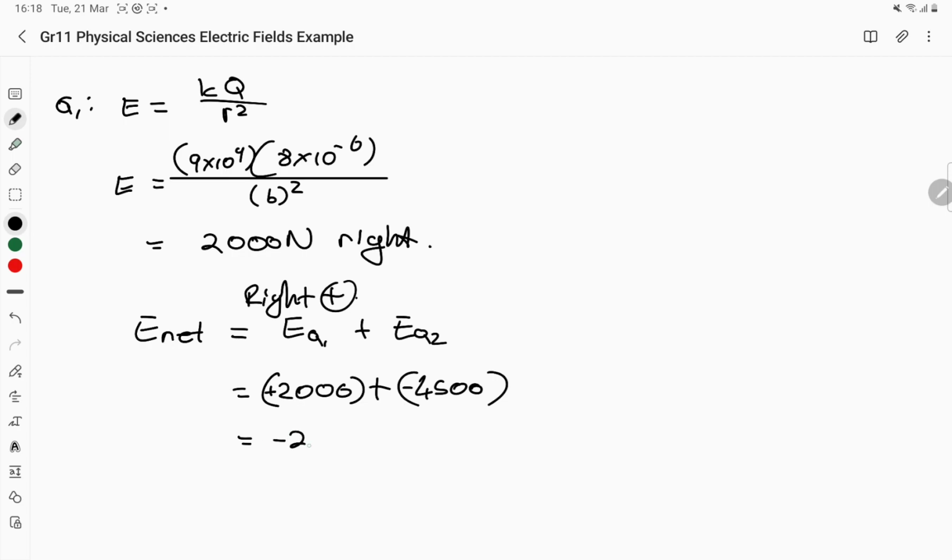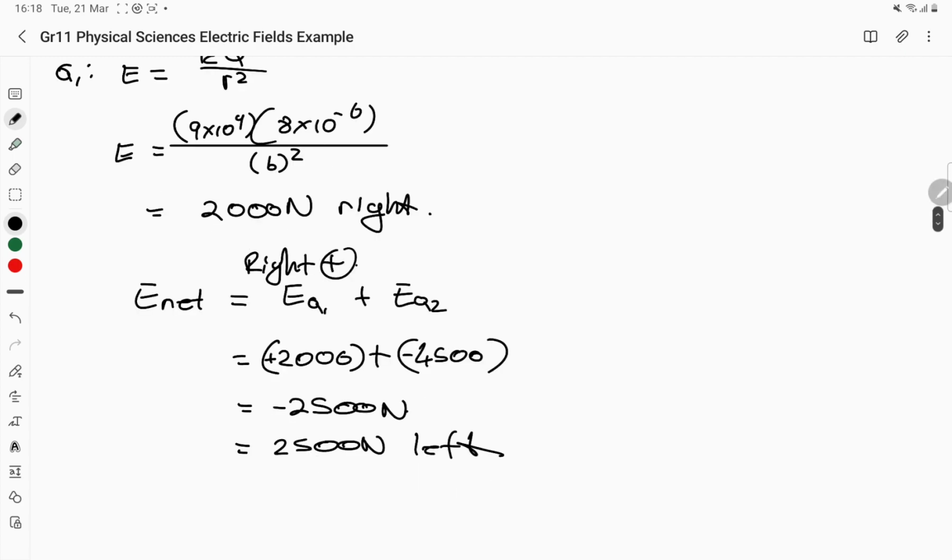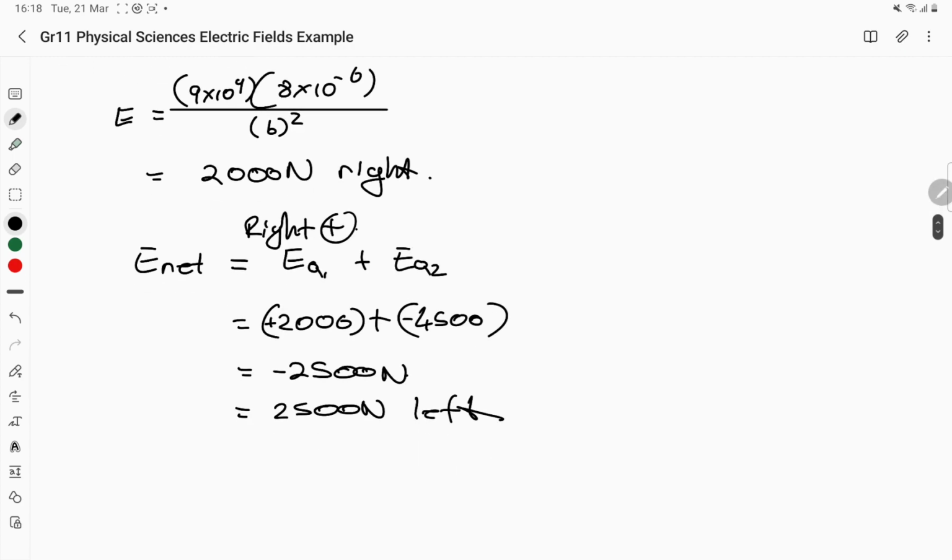Then we get negative 2,500 newtons, so that'll be 2,500 newtons to the left. Straightforward, but if you get the concept, it should be easy.